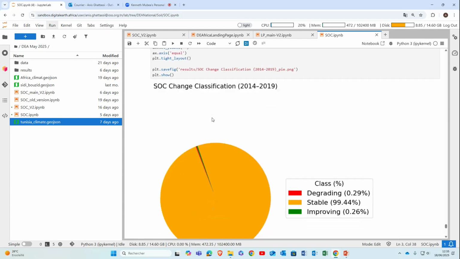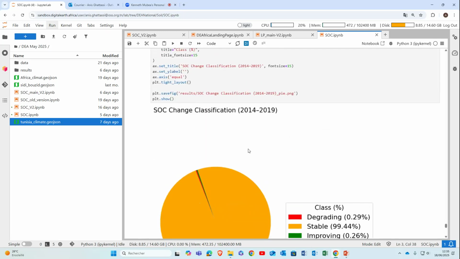So this part is really important to guide the user, to give him an idea about what the soil organic carbon is and how the different changes are for the selected period.